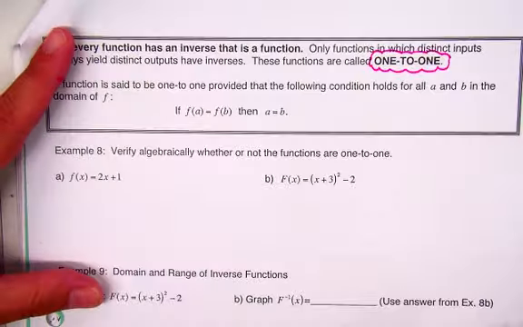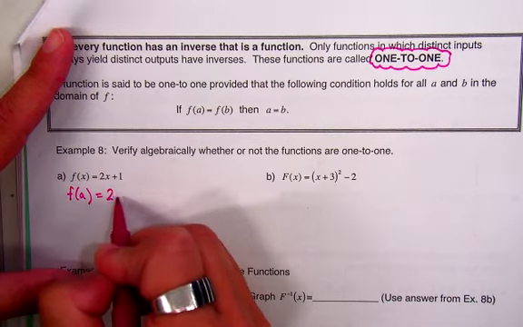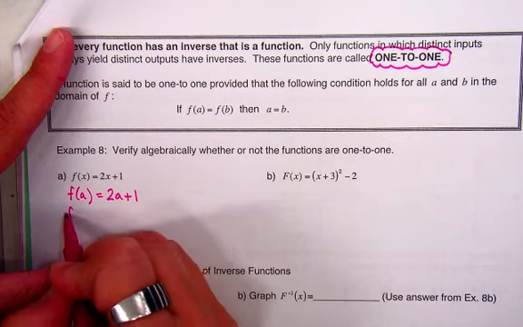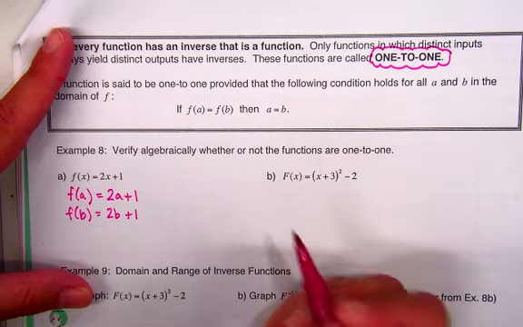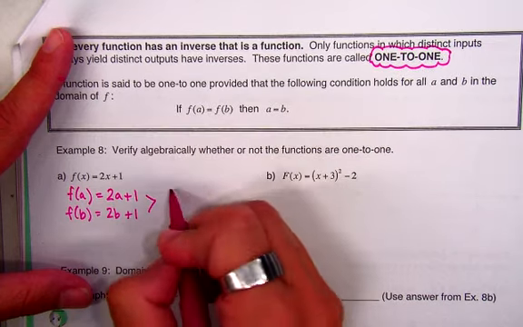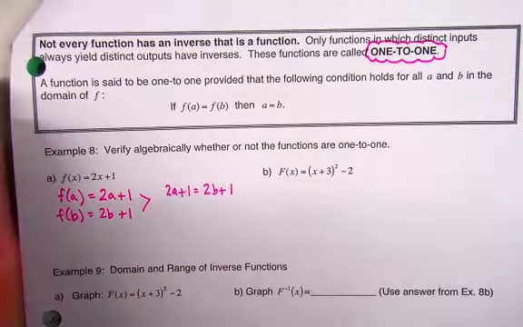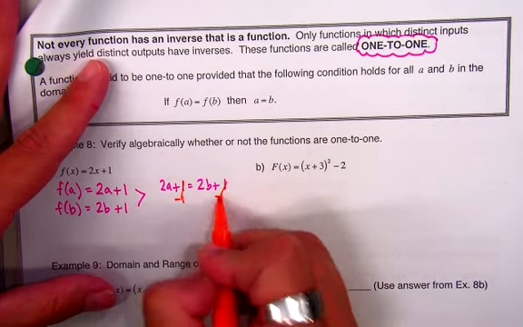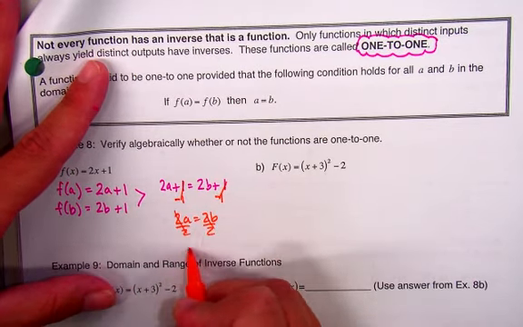So basically what I'm going to do is plug in f of a. I get 2a plus 1, right? And then f of b is 2b plus 1. If I set these two equal to each other, 2a plus 1 equals 2b plus 1, and I start to solve this out and divide, I end up with a equals b.